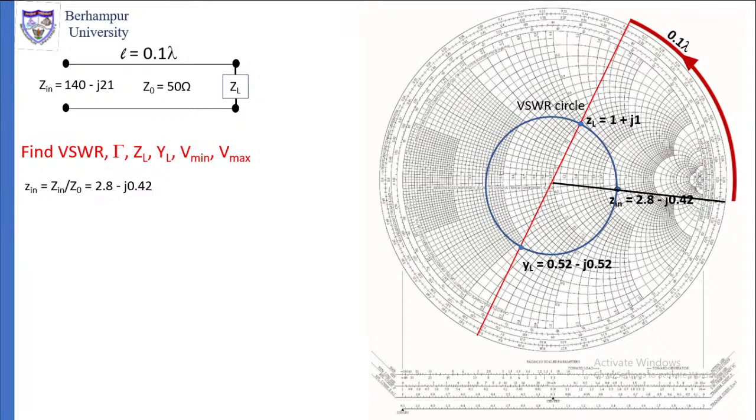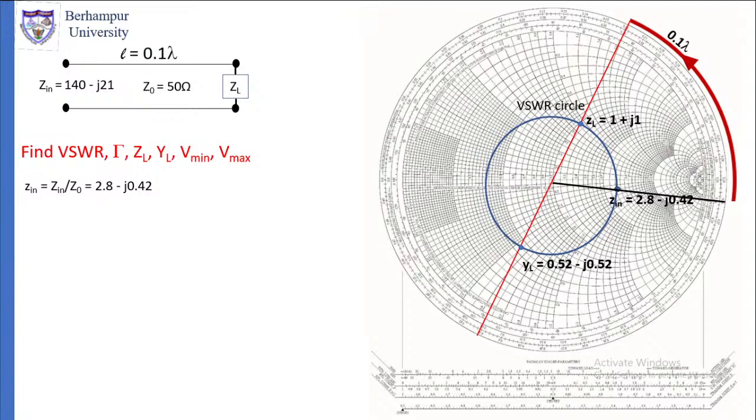And then we have to find out the admittance. To find admittance YL, what we have to do is invert ZL, 1 by ZL. We know on the transmission line, if we move a distance of lambda g by 4, then the impedance is inverted.